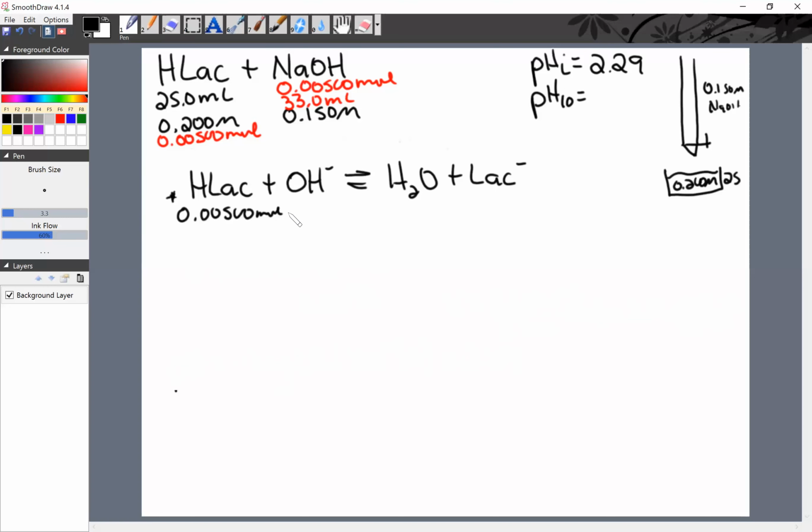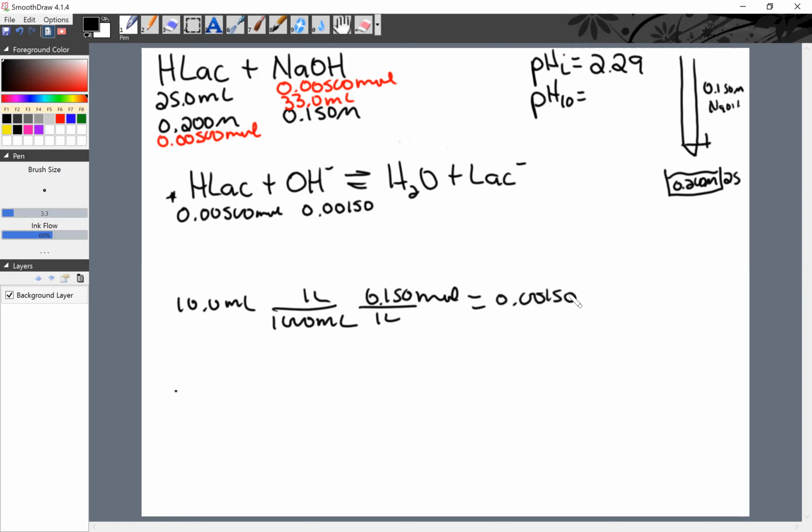And so how many moles are in my 10 milliliters of the sodium hydroxide? Is it 0.00150? Yes. Okay, so that's how many moles that I have added.